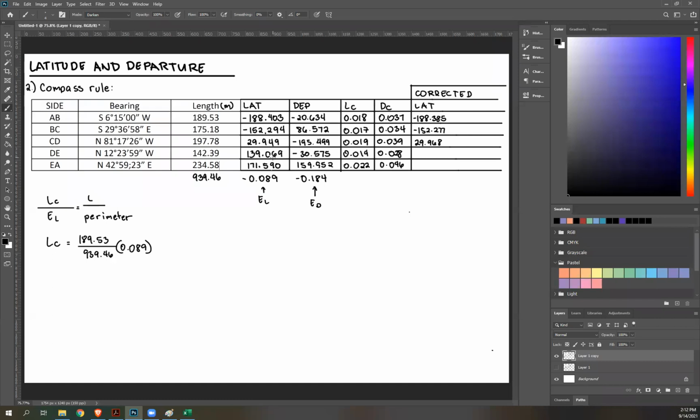How about this? 139.0014, that's 139.083. And then 171.59 plus 0.022. It's 171.612. Right. Now let's try adding all of that.